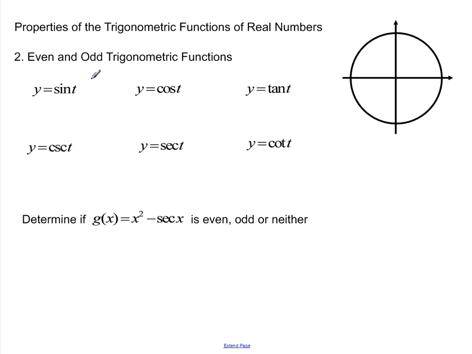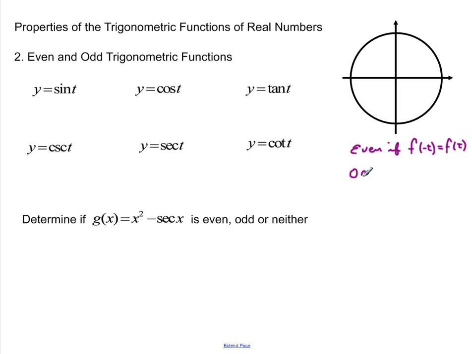Now, don't forget that the way that it was defined is that we said we had a function that was even if substituting in a negative value for the variable was exactly equal to just not having a negative there at all in the variable, right? So f of negative t equals f of t.